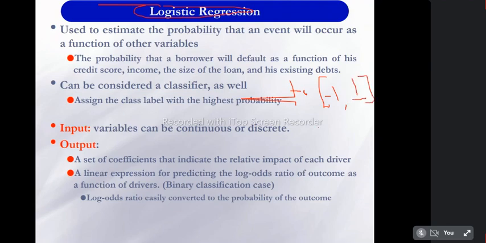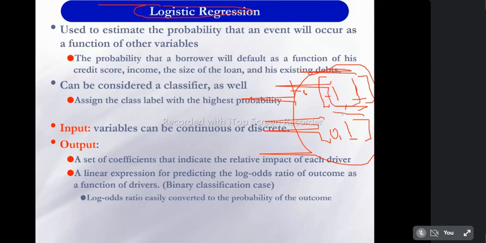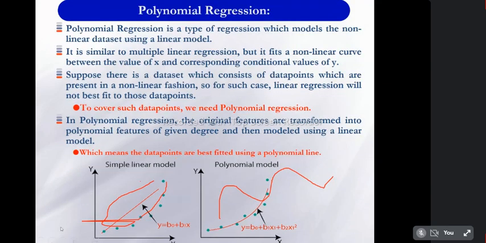And if it is sigmoid, it will be between 0 and 1. These two are very essential functions used for normalizing the given data between two distinct values. That is logistic regression.